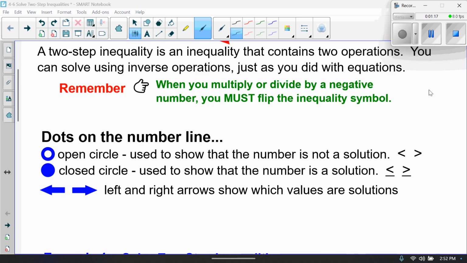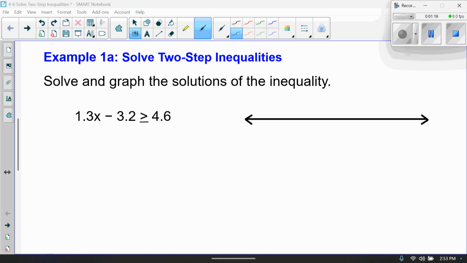So example 1, we are going to solve and graph the solutions of the inequality. And again, when we're solving inequalities, we solve them the same way we solve equations. Okay? So here we have 1.3x minus 3.2 is greater than or equal to 4.6. So we're going to use our cover-up.